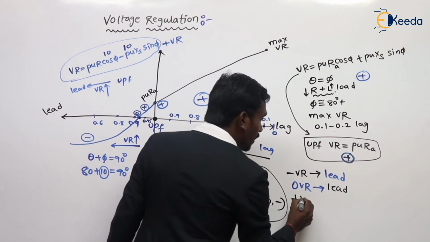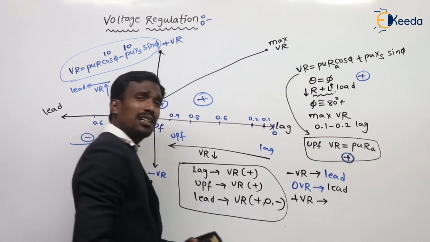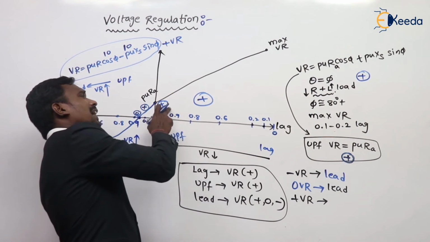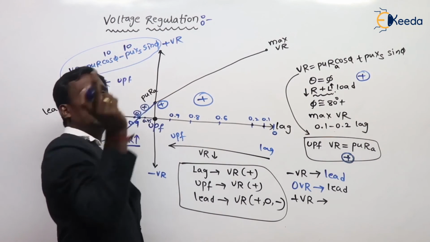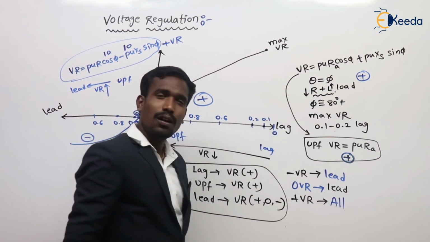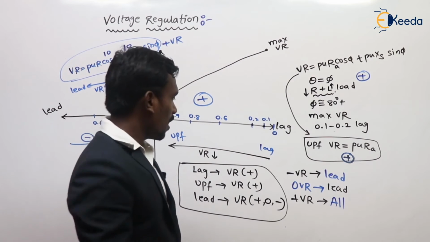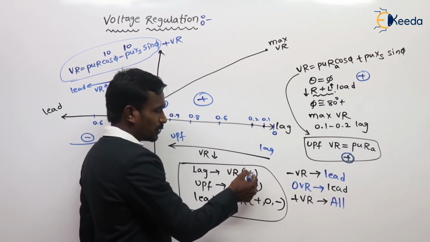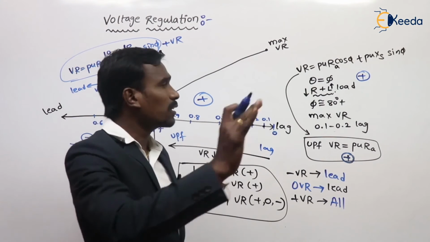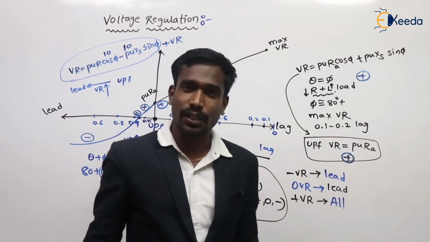Where can we get the positive voltage regulation? Positive voltage regulation we can get in lagging, at unity power factor, even in leading also. So all of the above positive, but negative and 0 only in leading. This is the conclusion of voltage regulation.